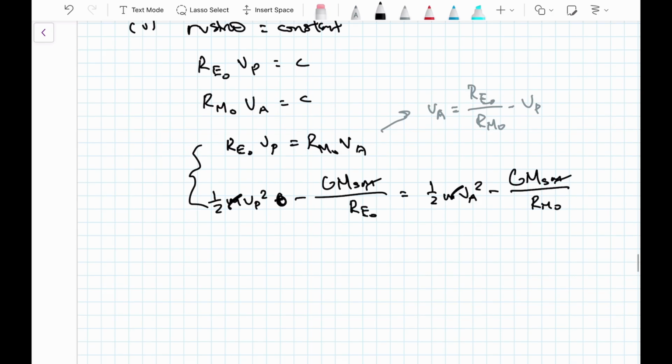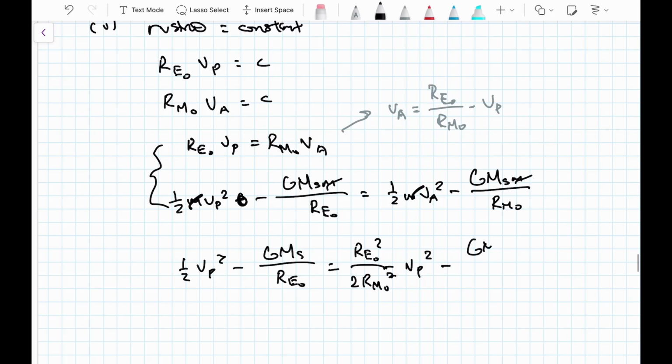So substituting this in, we get a half VP squared minus GMS over REO is equal to a half, this squared, so that should be REO squared over 2 RMO squared multiplied by VP squared, and then minus GMS over RMO.